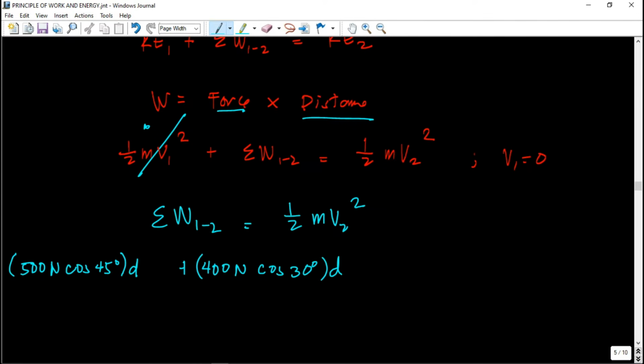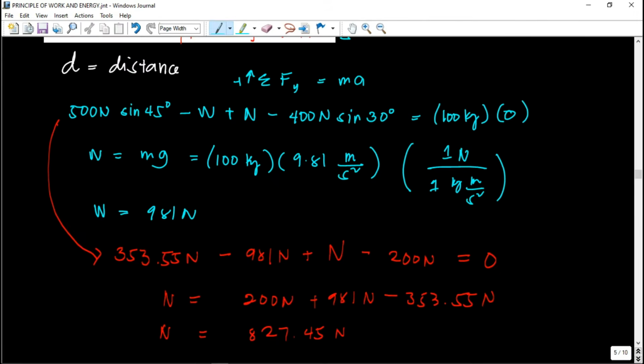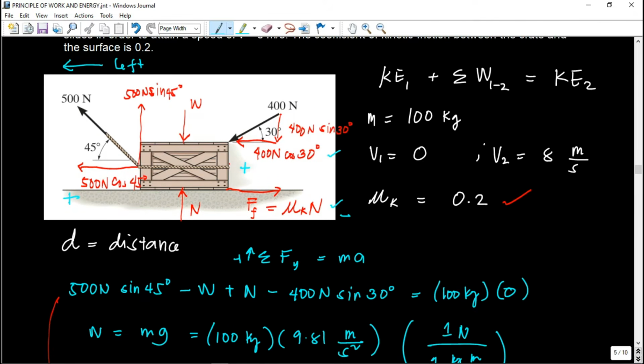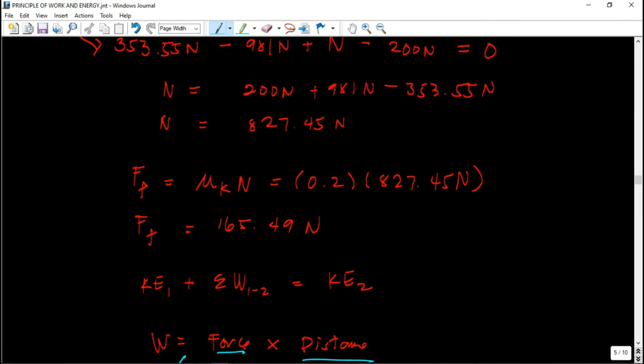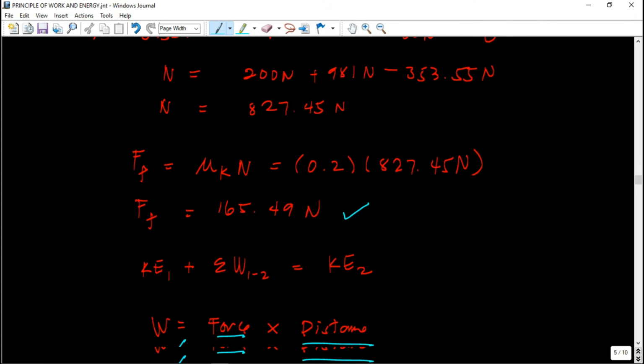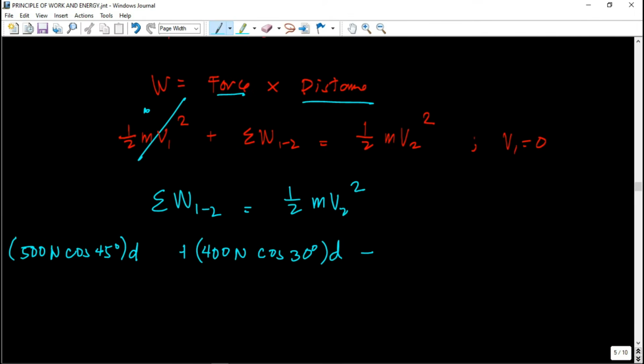And we have the frictional force, which is negative work. The work of the frictional force is negative since it is opposite the direction of the crate, so it goes to the right. We have the frictional force, 165.49 newtons, times distance, force times distance, and on the other side 1/2 m v squared.